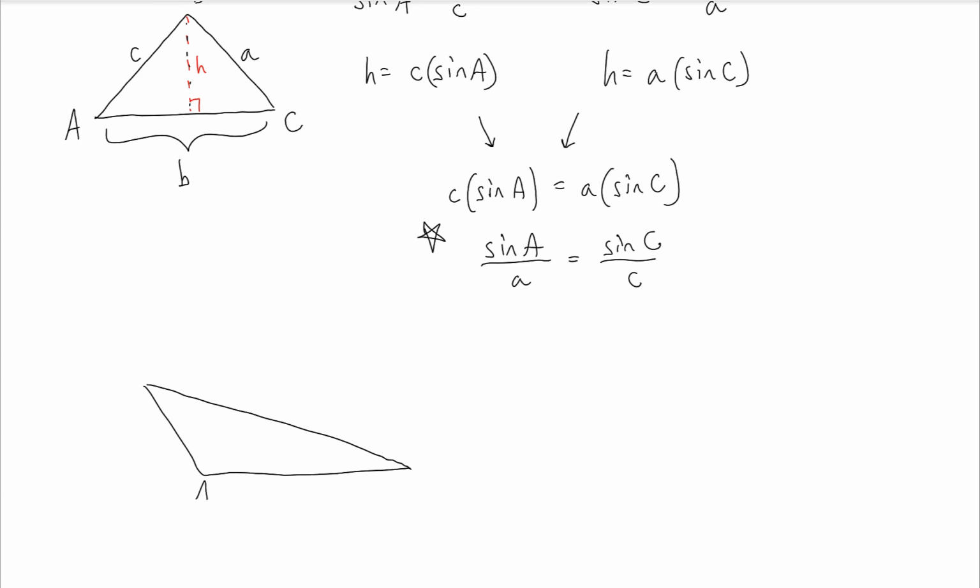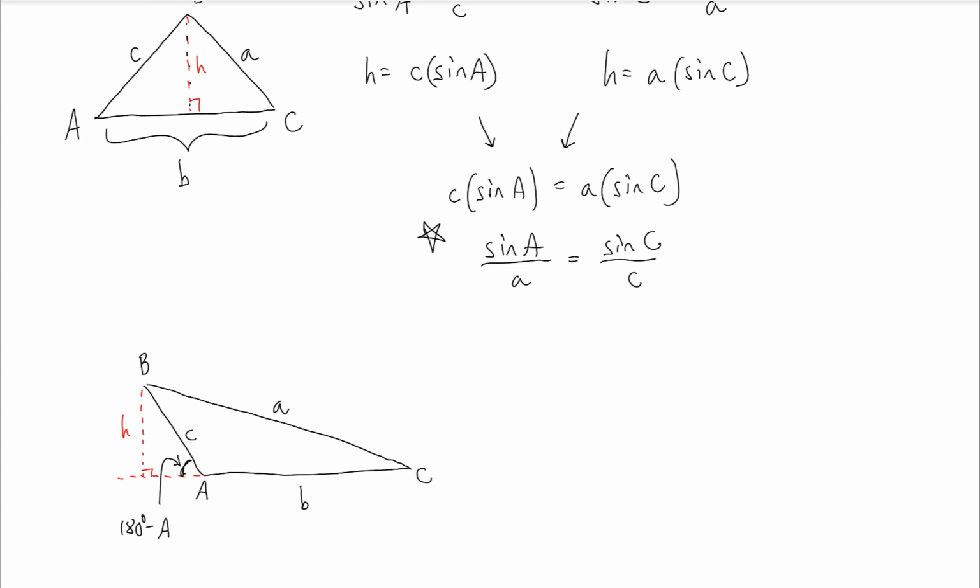So this is angle A, this is angle B, this is angle C. This is side A, side B, side C, and then here's the height. There's the height of that triangle. And then this angle in here is 180 minus angle A. That's how big that angle is in there.